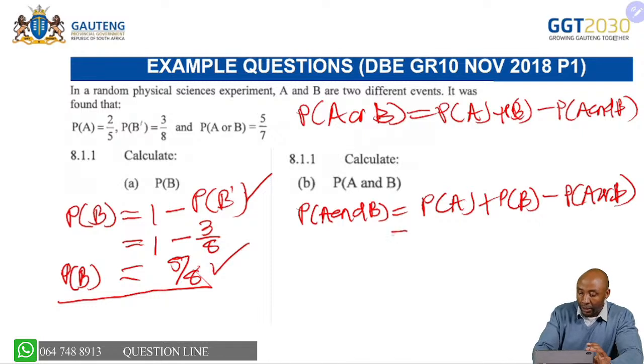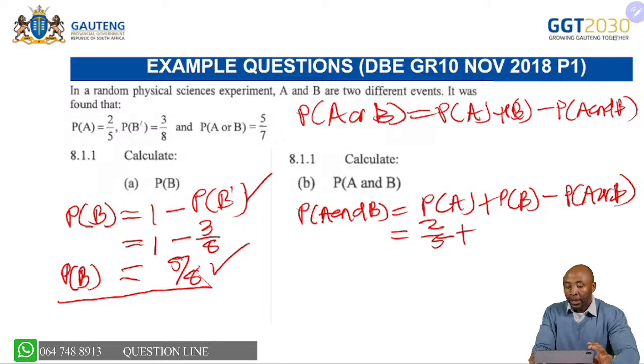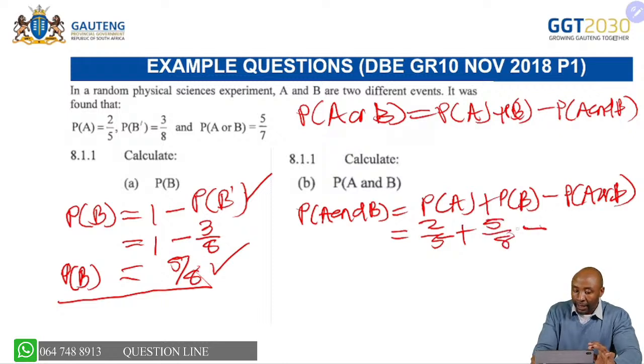Then we can substitute. Probability of A is 2 over 5. We have it there, plus the probability of B, we just calculated it. We found 5 over 8 minus the probability of A or B. We are given it's 5 over 7. We are given that one. And we can use our calculator.